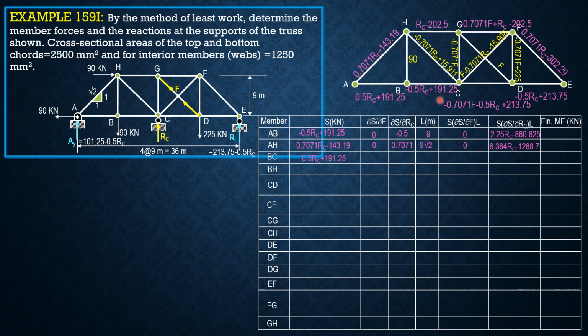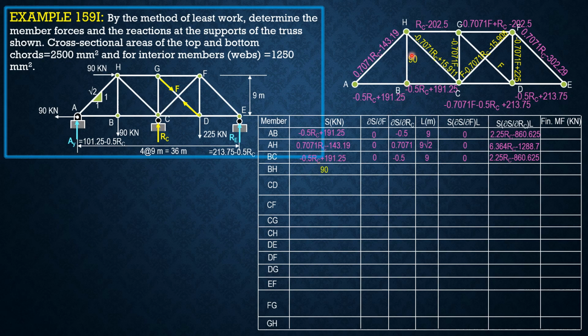For BC, negative 0.5 RC plus 191.25. Partial derivative with respect to F is 0, with respect to RC negative 0.5. Then the length is 9, 0 here. And there's the product here, 2.25 RC minus 860.625.